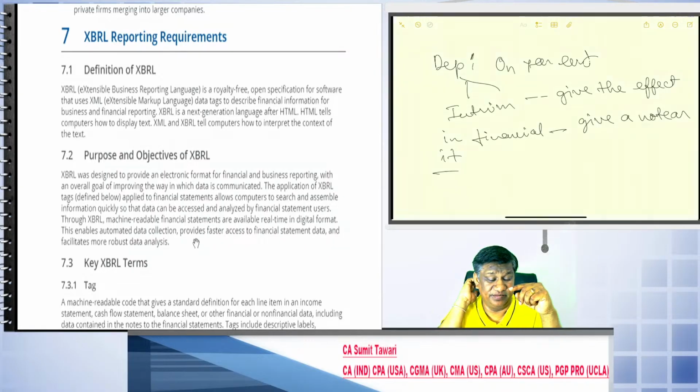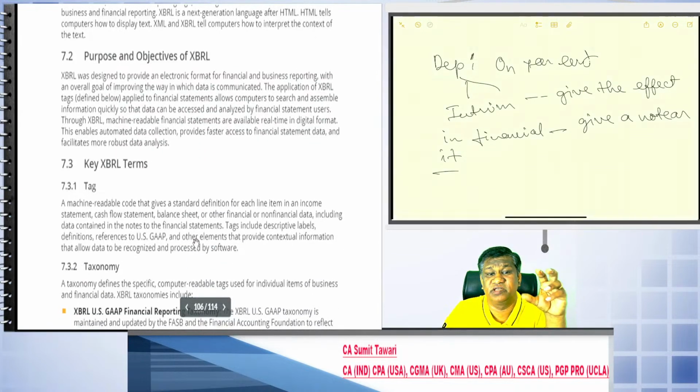But the communication expenses, traveling expenses, these are different nomenclature we are using. So comparability is difficult. That's why there is an introduction of XBRL reporting. So here there is a particular XBRL term or tag, against which you need to map your expense heads.